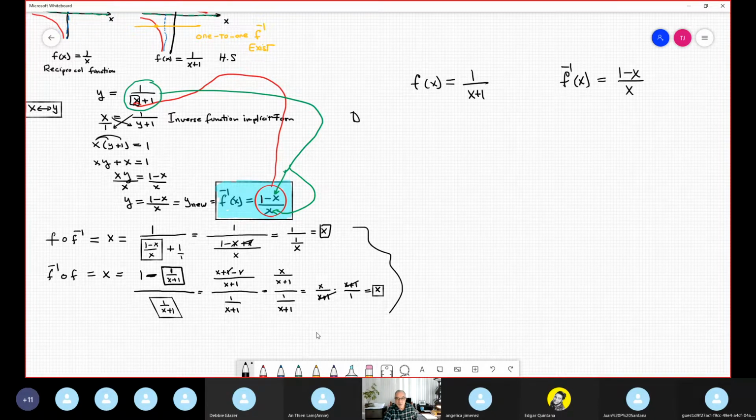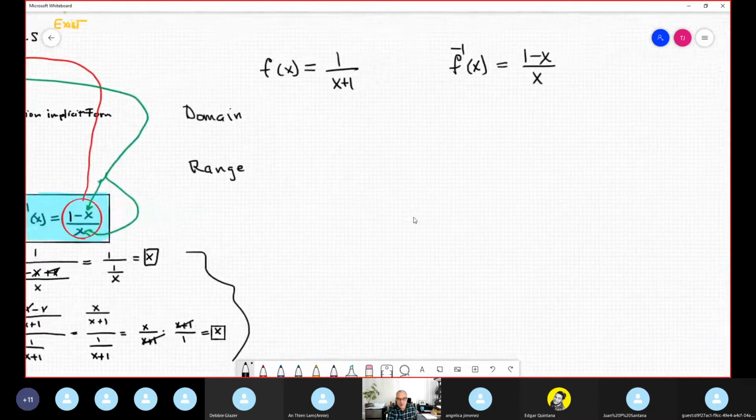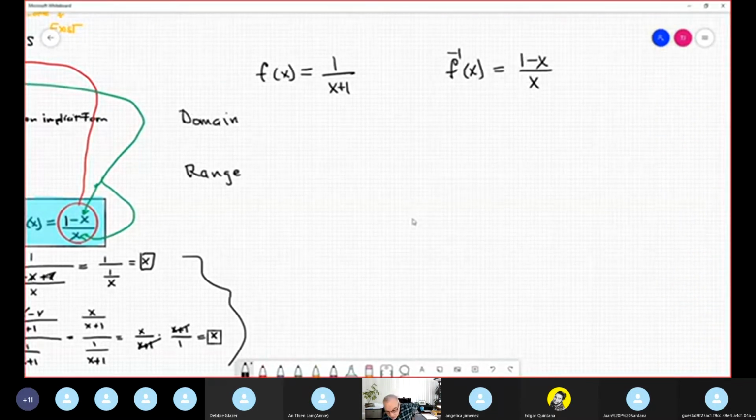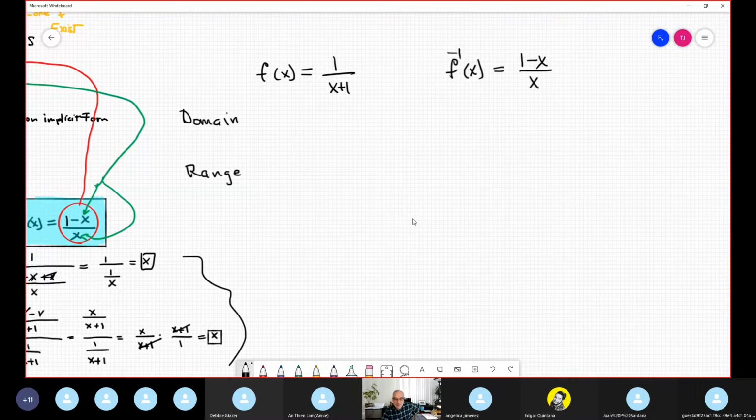Now domain and range. Okay, the domain of this one. Let me try to write in an easy way, not necessarily interval notation, because set-builder notation, in my opinion, is easy and useful.